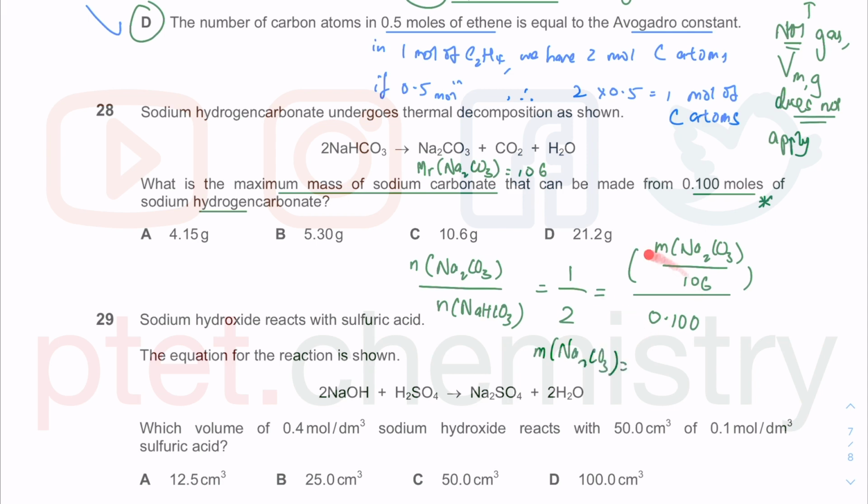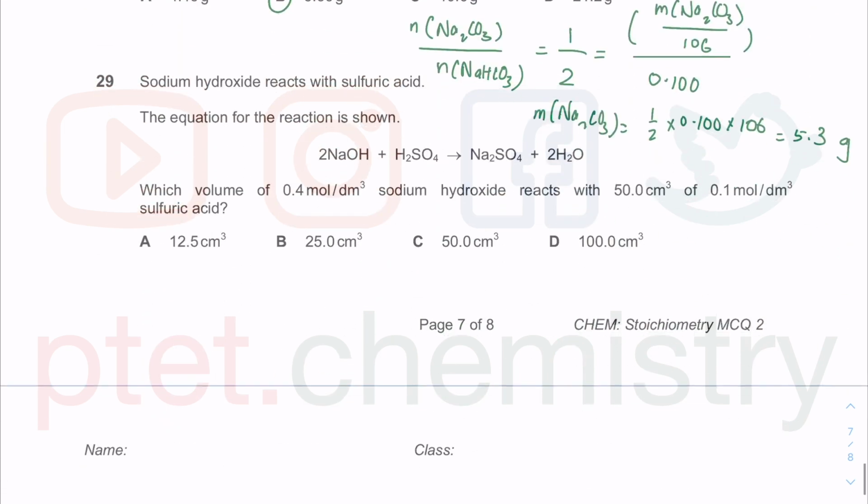Move this up and then move the 106 up. So 1 over 2 times 0.100 times 106. So they gave me 5.3 gram. Of course, they've given you 3 significant figures, presumably because this data was given to 3 sig fig, so this is appropriate to 3 sig fig as well. Question 29.